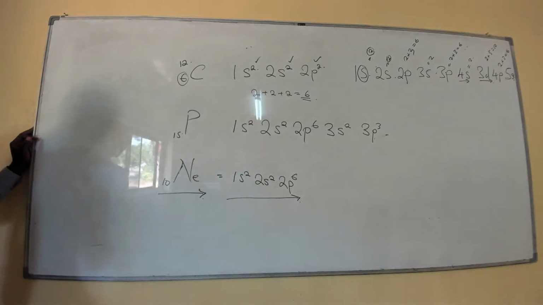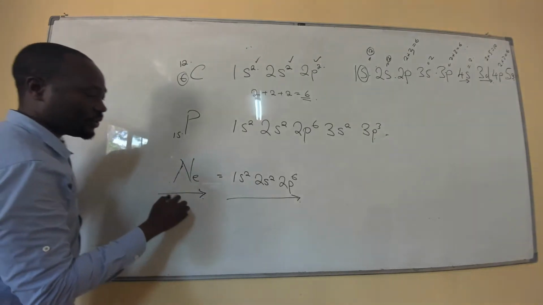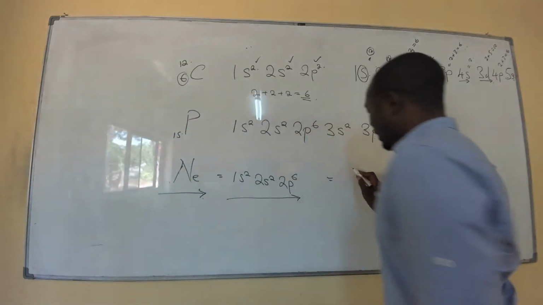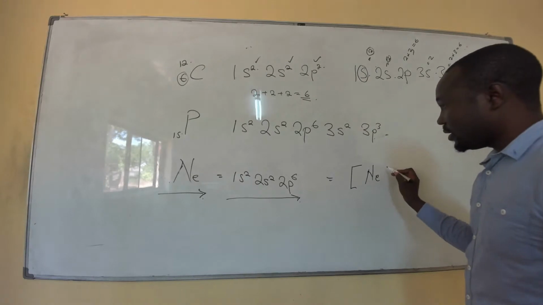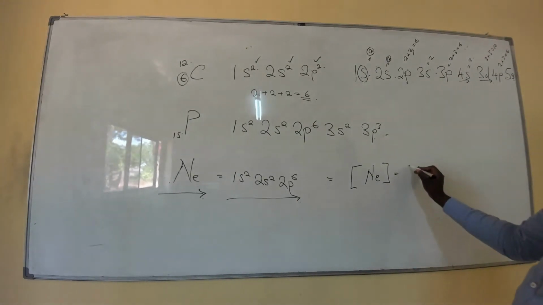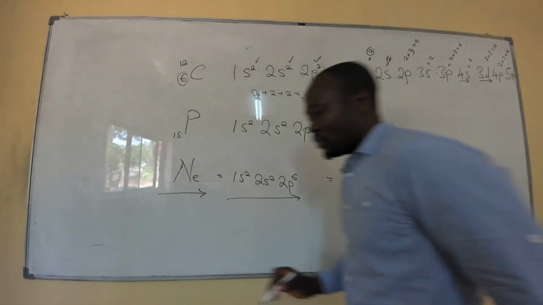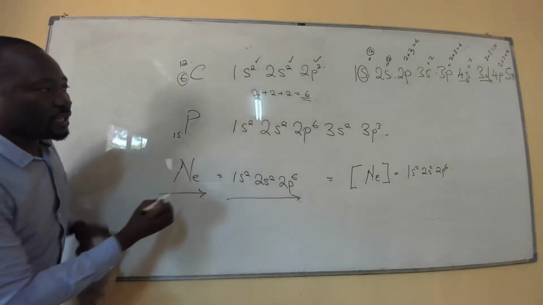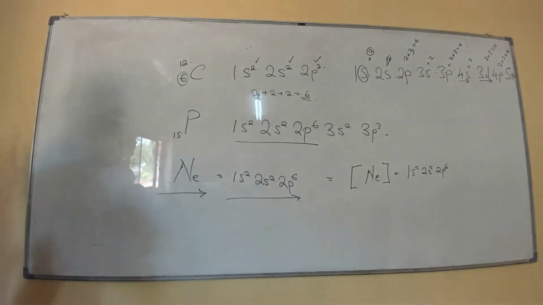We can use this for shorthand writing. To represent the electronic configuration of neon, you can write an open square bracket, Ne, and a closed square bracket. This stands for 1s2, 2s2, and 2p6. In short, phosphorus is close to neon.